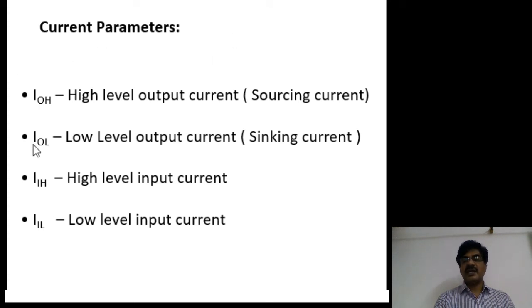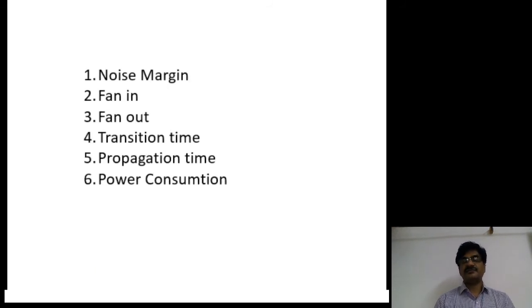Next, IOL means low level output current, also called the sinking current. IIH is high level input current, whereas IIL is low level input current. Remember all these voltage and current notations.